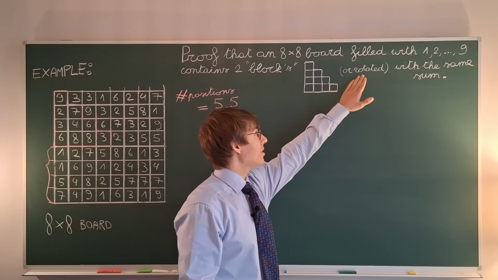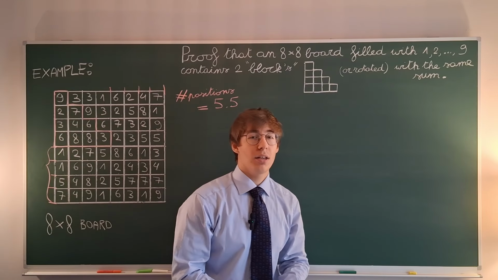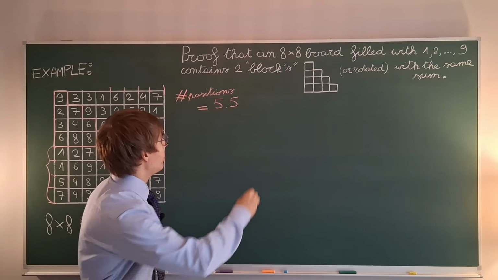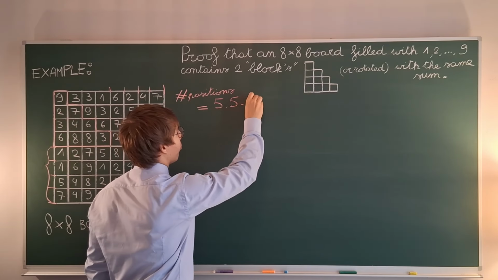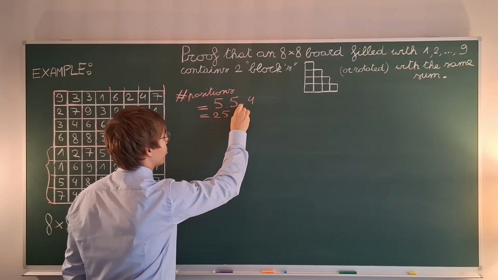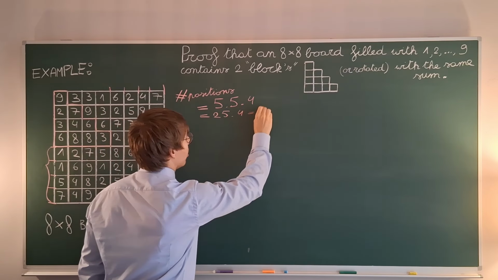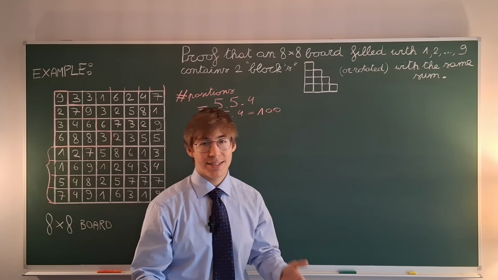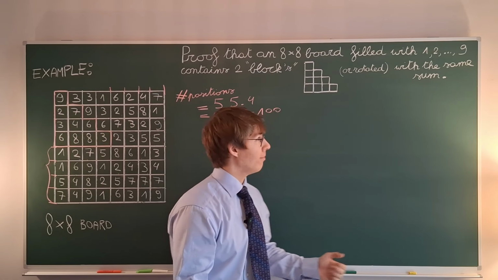But we have to keep in mind that it might be rotated, and we have 4 possible ways to rotate. So we have to multiply by 4, which gives us 25 times 4, which is 100 positions. But every position has its own unique sum.